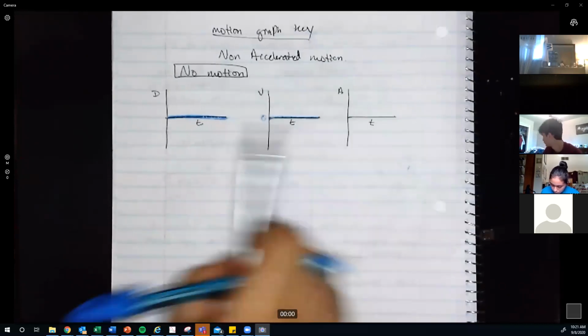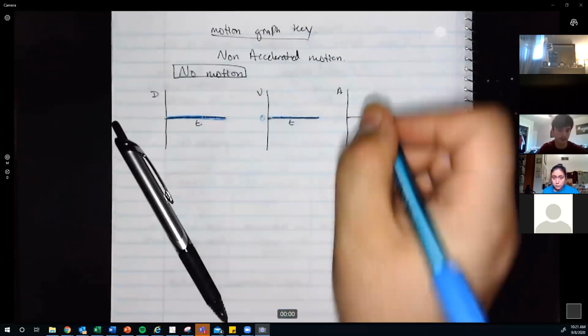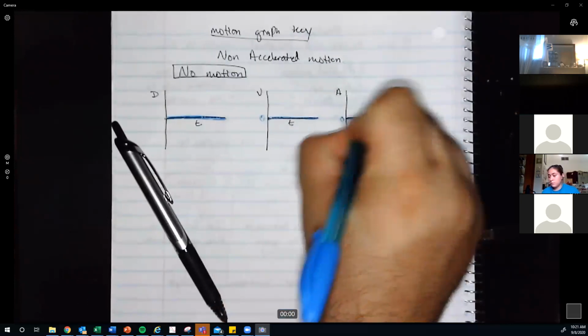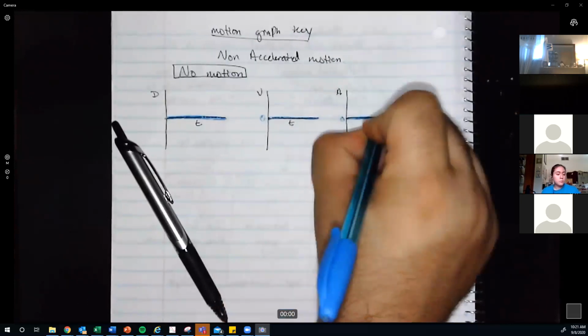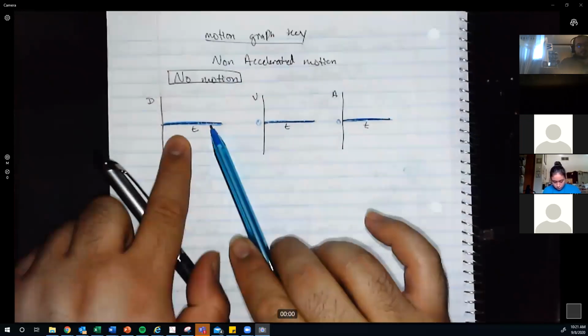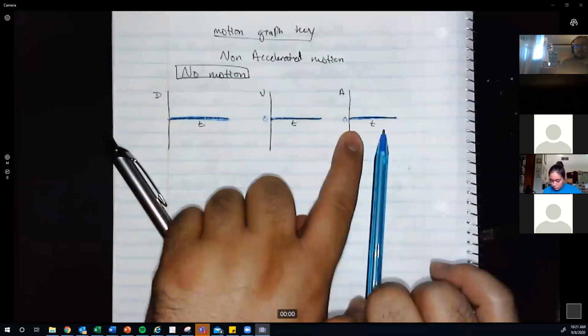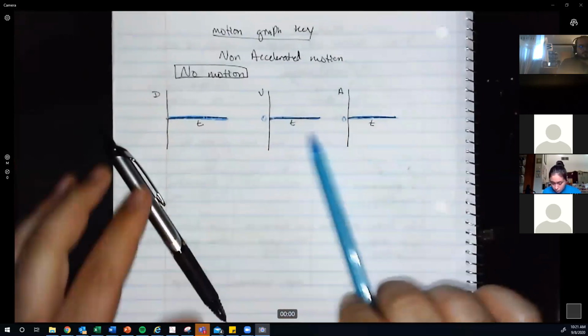And all of these are not accelerating. If there's no velocity, meaning you're not moving, you're not going to be accelerating, so you're going to be right across that 0 mark. If an object's not moving, we should expect a flat line along the 0. So that's if there's no motion.